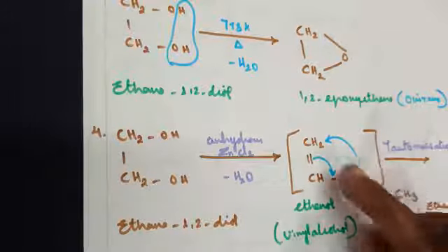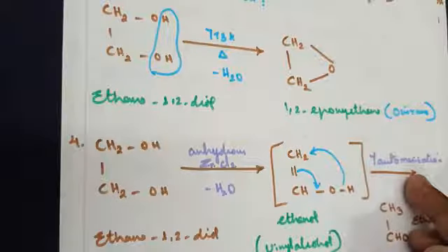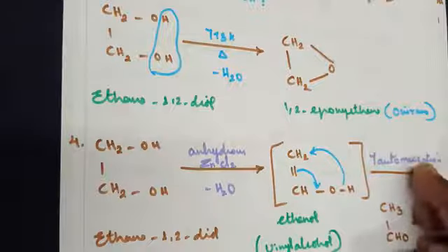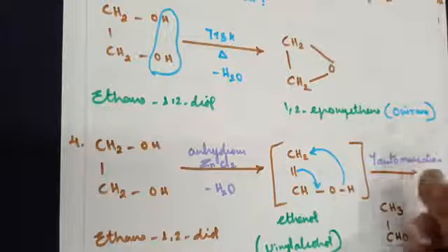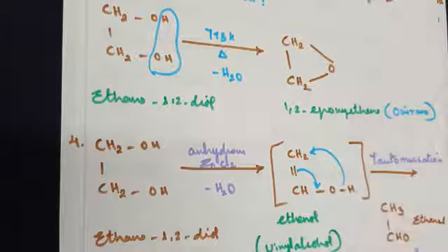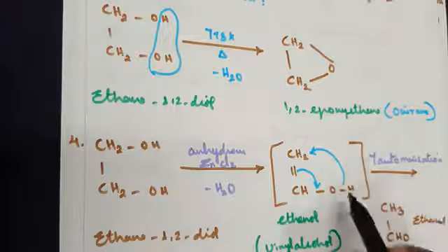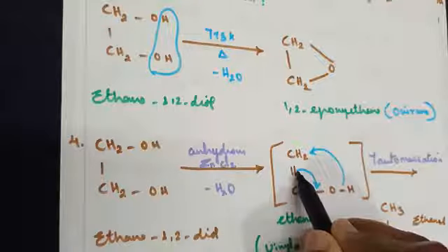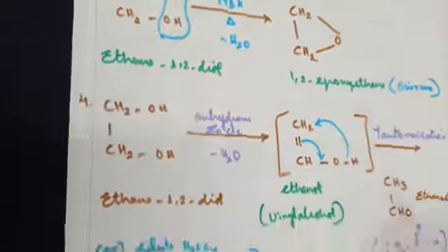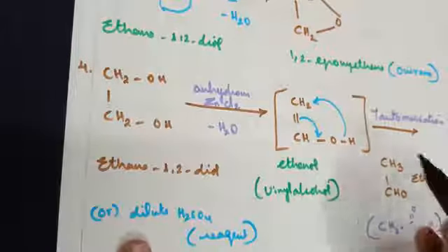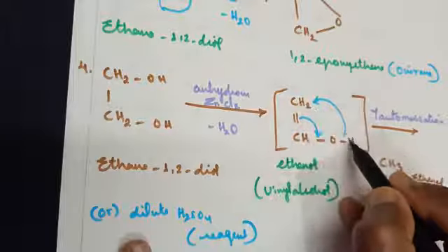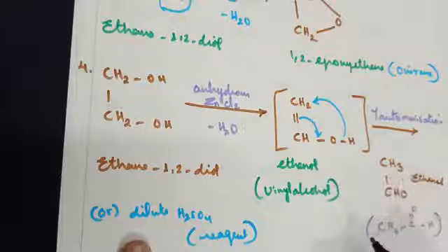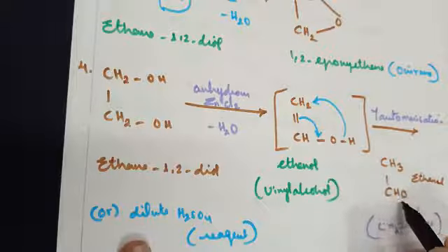When it reacts, a tautomerization reaction takes place. You have learnt about this reaction very clearly in your standard 11. What happens? This hydrogen goes in here, and the double bond from here shifts to here. As a result, we get an aldehyde group. CH2 becomes CH3 after the addition of hydrogen, and CHO.